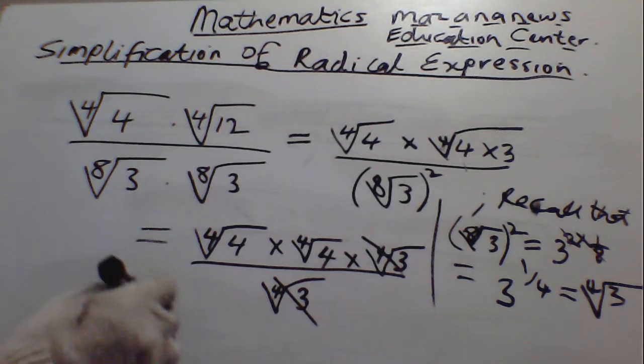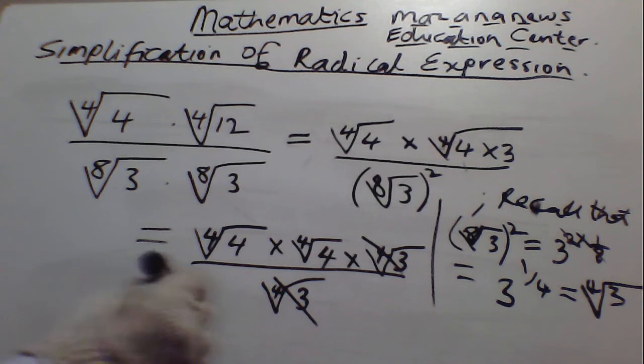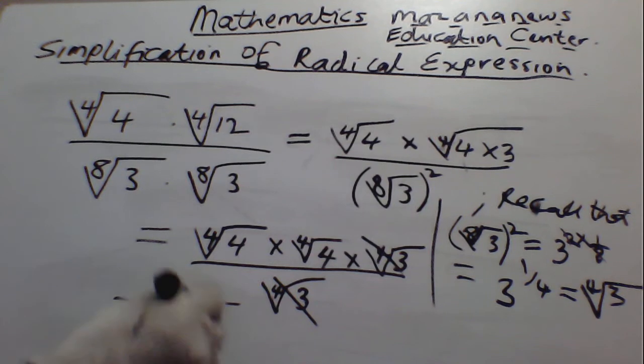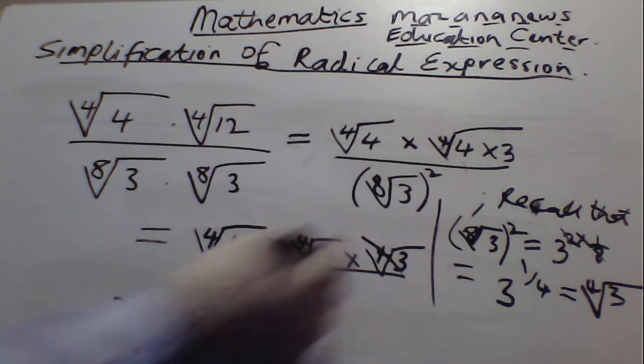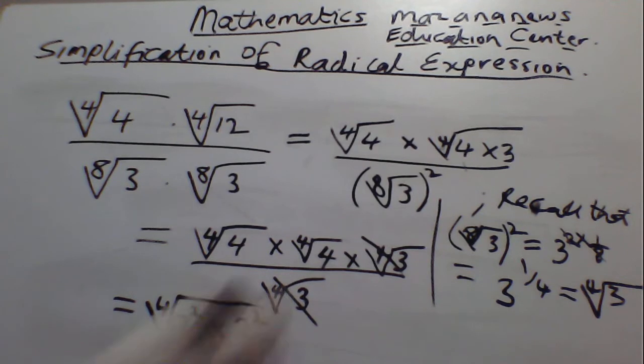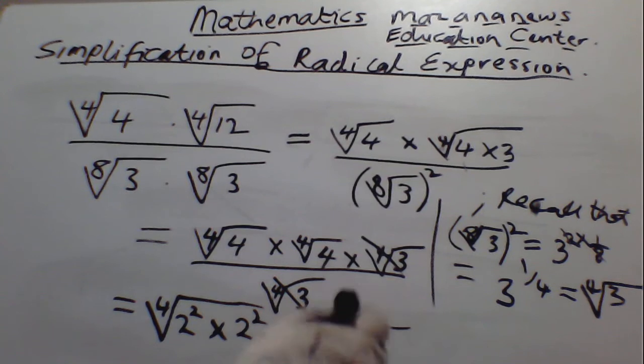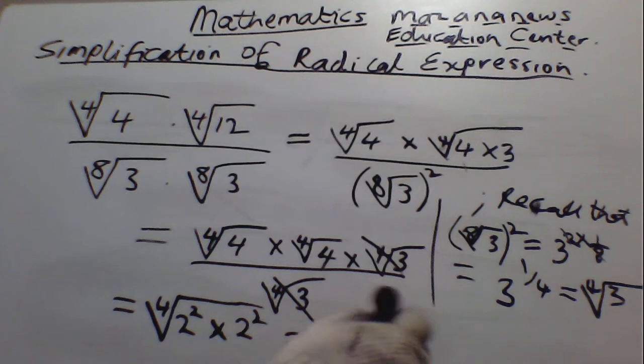And the product of the two is the same as 2 raised to power 2 multiplied by 2 raised to power 2. So from here we have the 4th root of 2 raised to power 4.